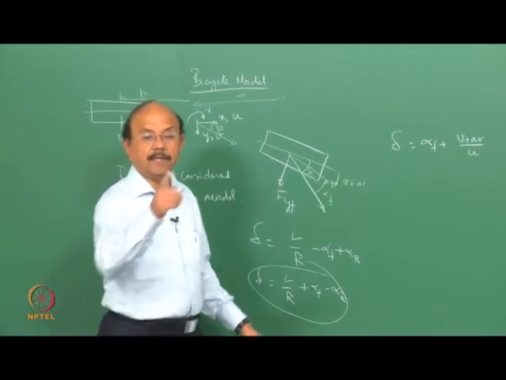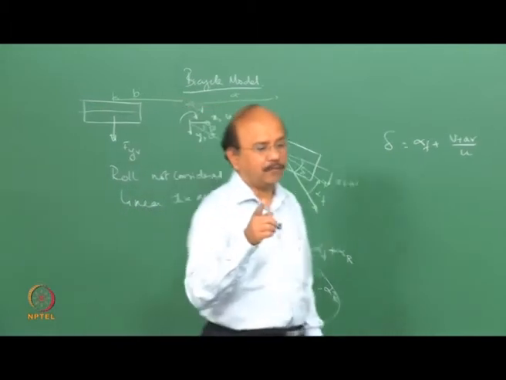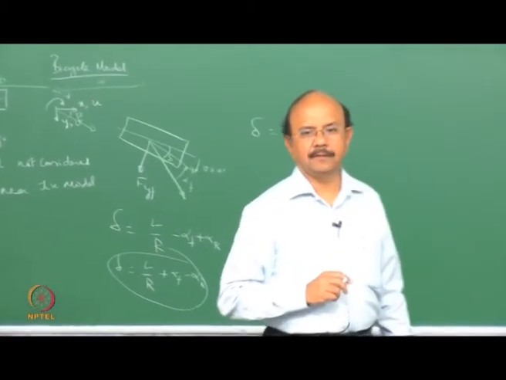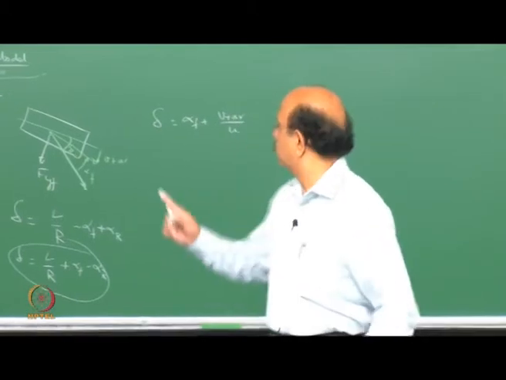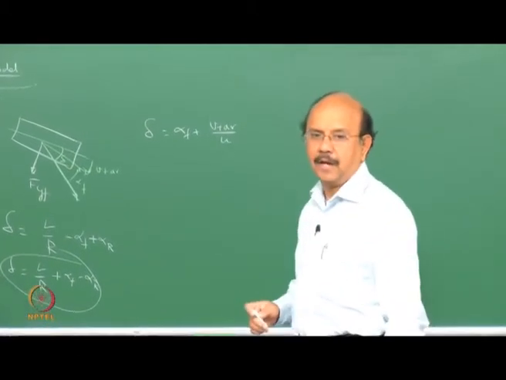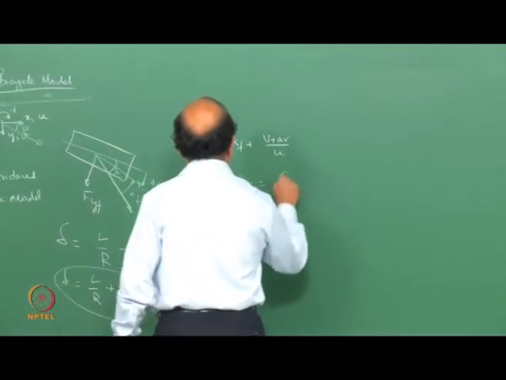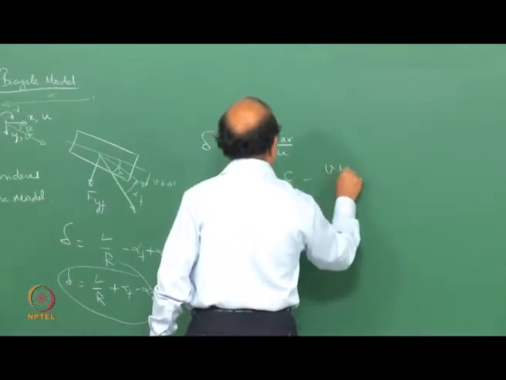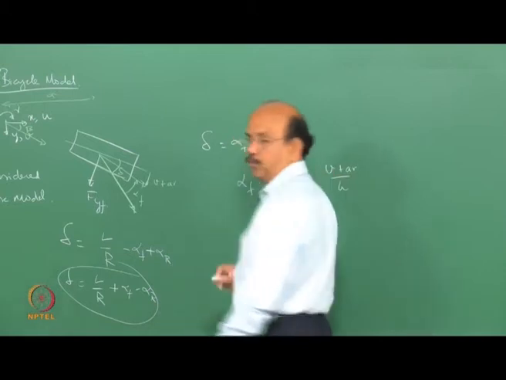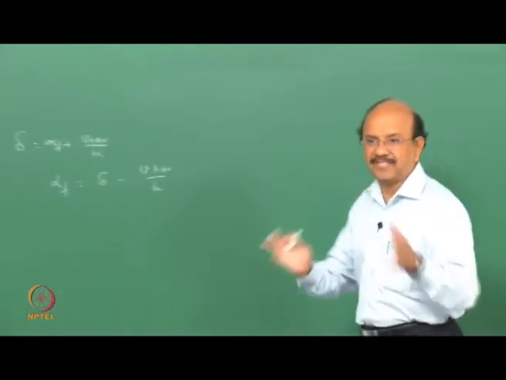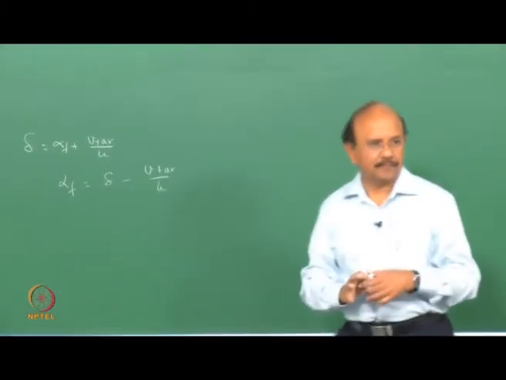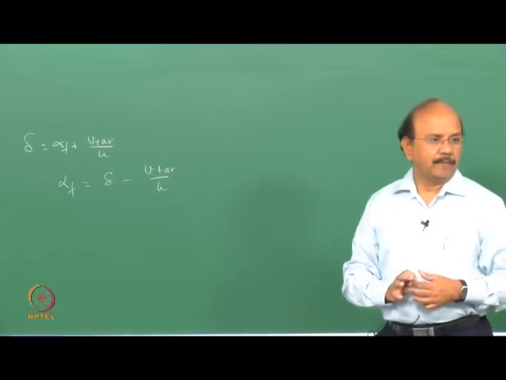But go and look at the way we had written. In other words, in this case alpha f is equal to delta minus V plus AR by U. This is the actual alpha f.